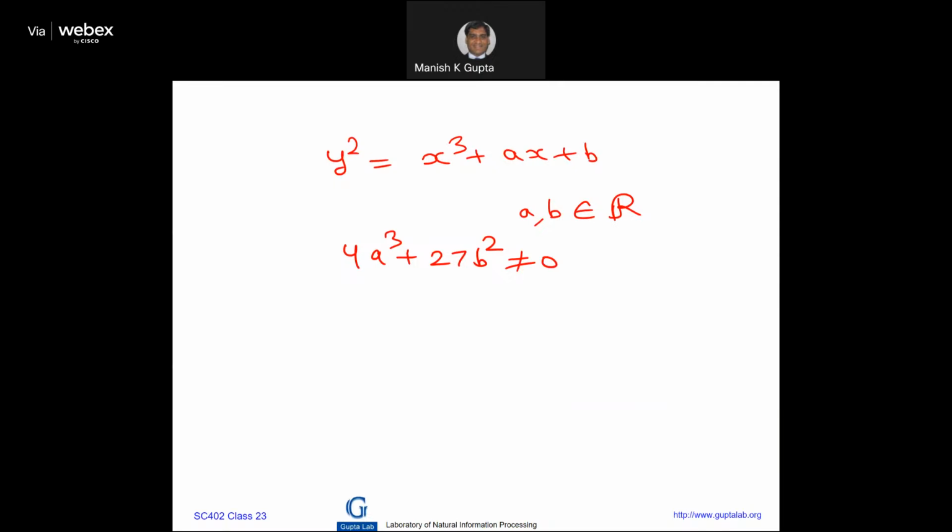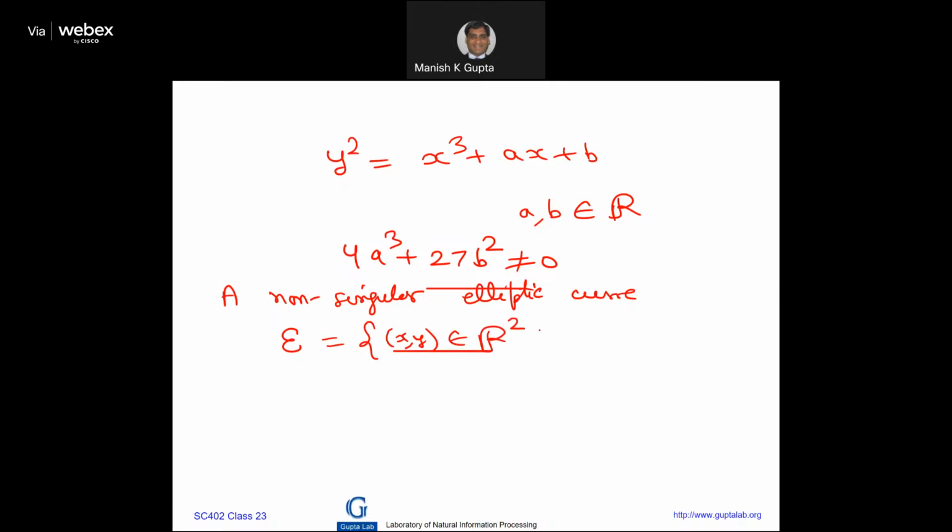So a non-singular elliptic curve is a set of points E consisting of points (x, y) in R square such that y square is equal to x cube plus ax plus b.